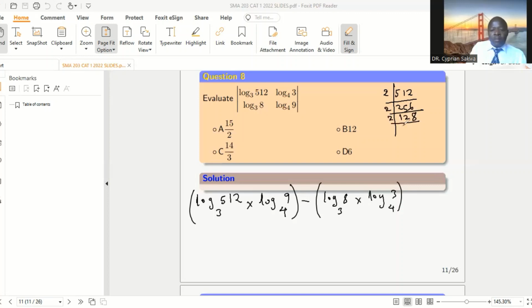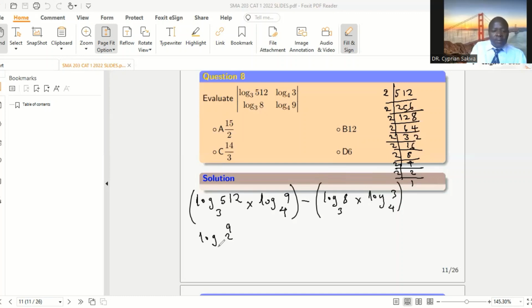Then 2 into 64 gives 32. Then 2 to be 16. Then 2 to be 8. Then 2 to be 4. Then 2 to be 2. Then 2 to be 1. So that means this can be written as the log of 2 raised to what? 1, 2, 3, 4, 5, 6, 7, 8, 9.